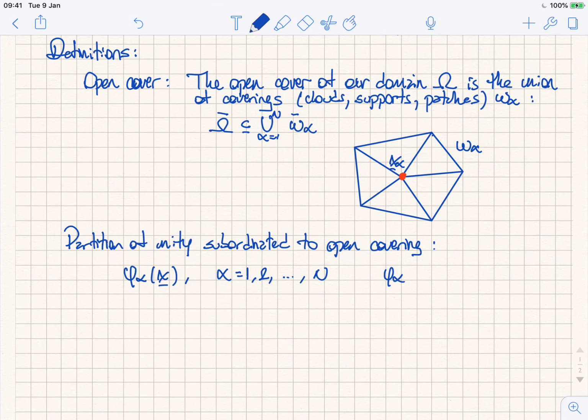And we have our phi sub alpha is a continuous function where we call S the regularity of the solution, or the functions that we're using.